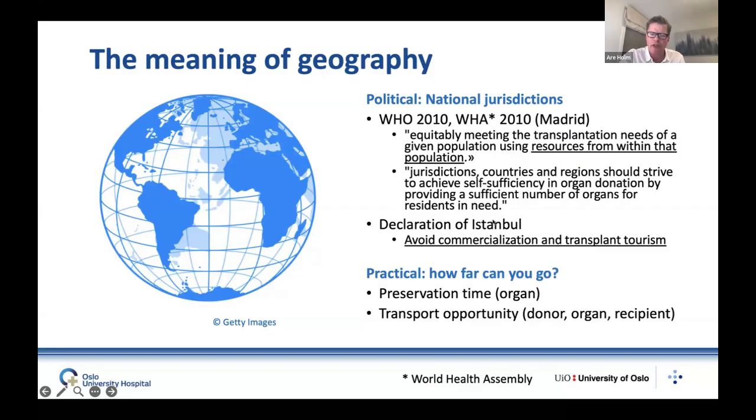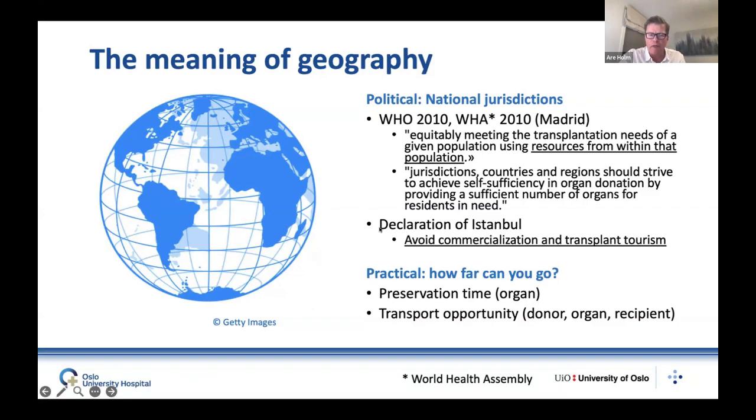Then you have the Declaration of Istanbul enforcing this, and the purpose of that is to avoid commercialization and transplant tourism. Again, to avoid making human body parts commodities or commercial products. So that's worth noticing because most European, if not all European systems, have a great respect for national borders, which is not so much an issue within the US, of course.